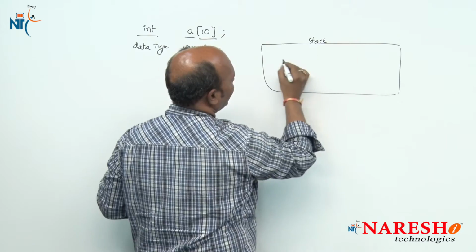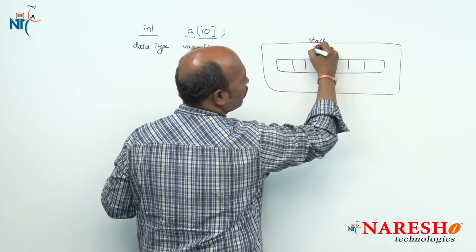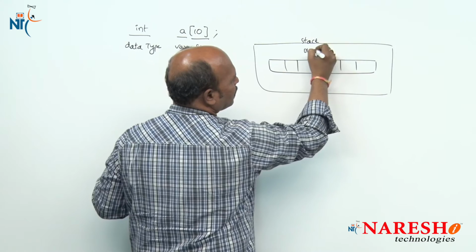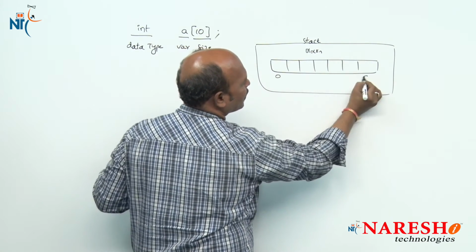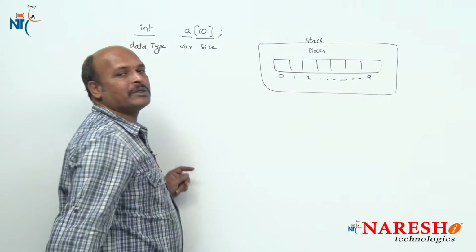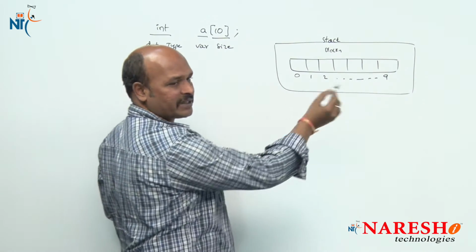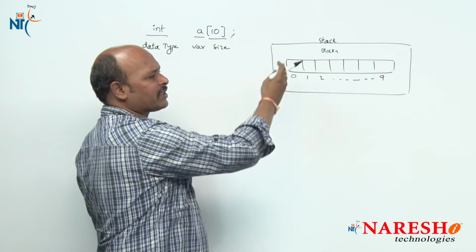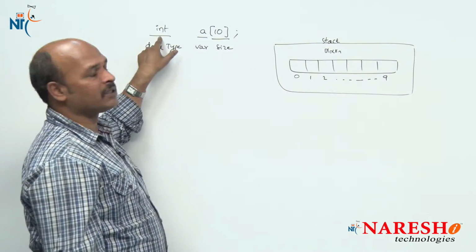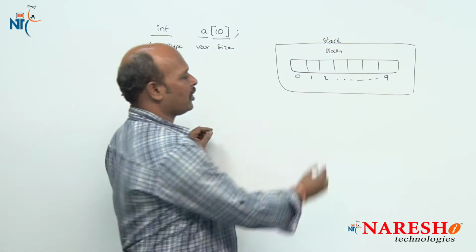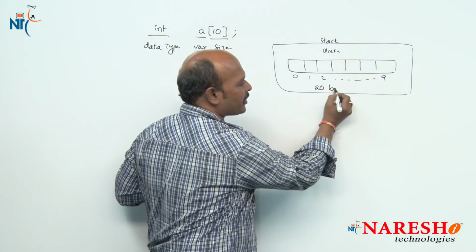Now how many blocks are created? Blocks 0 to 9, so totally 10 blocks are created, and each block is an integer, that's why 2 bytes, a total of 20 bytes of memory allocated.